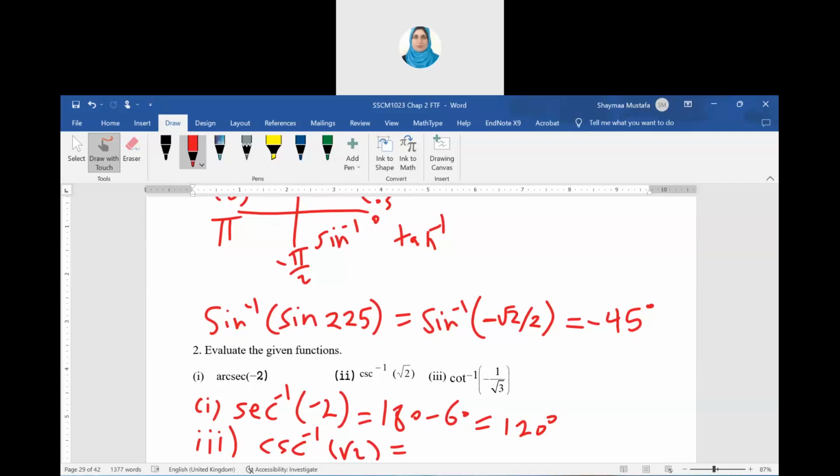Cosec inverse of the root of 2. This is equal to what?